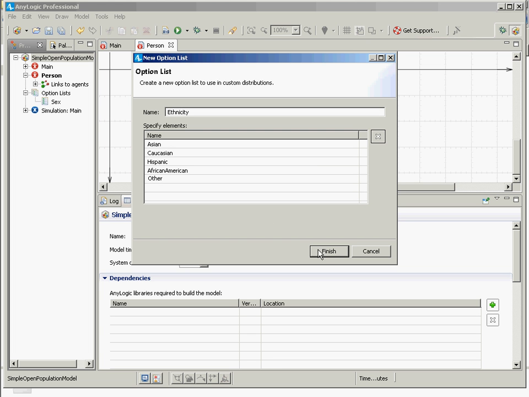I could have done Asian Pacific Islander, but in any case, we won't be too particular about this, okay? So there's our set.